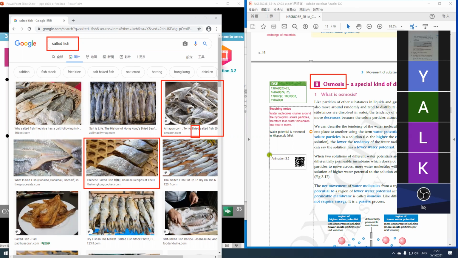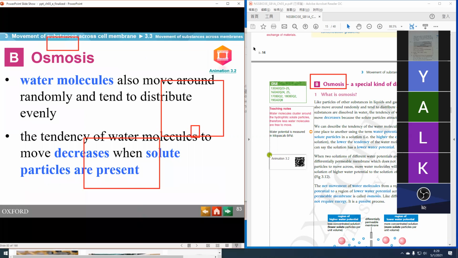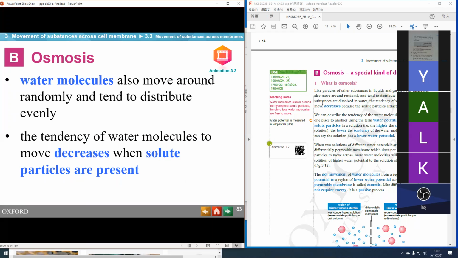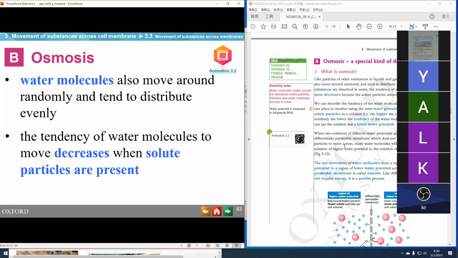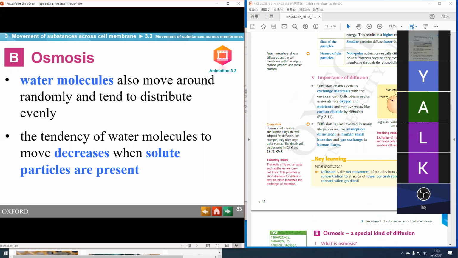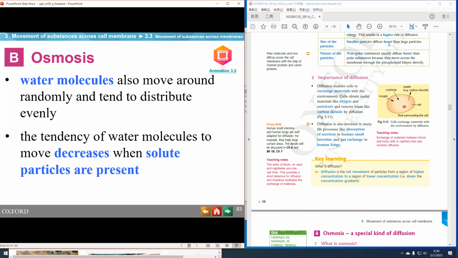Okay, so let's learn about osmosis. You can learn about these with more professional terms. Last time you learned about diffusion, right?